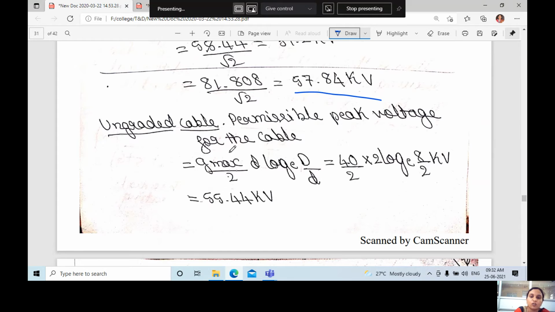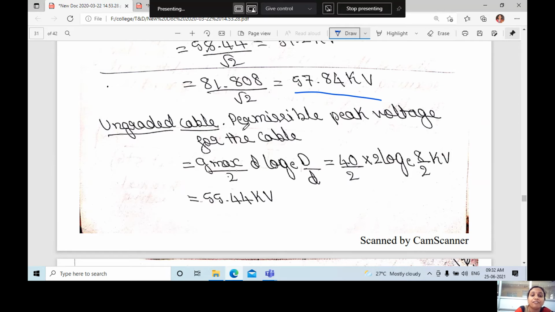Permissible peak voltage for the cable, that is G max divided by 2, D log e capital D divided by D. That is an ungraded cable. Now we have done d1, d2, the layers of permittivity, that is capacitance grading in many layers.